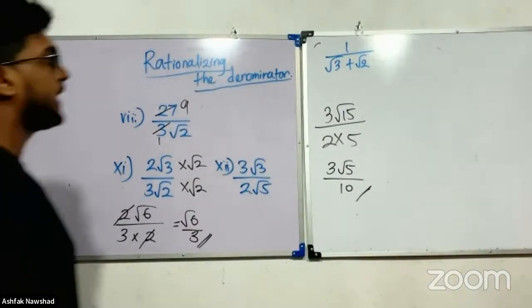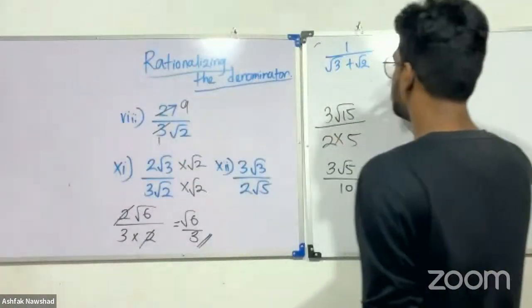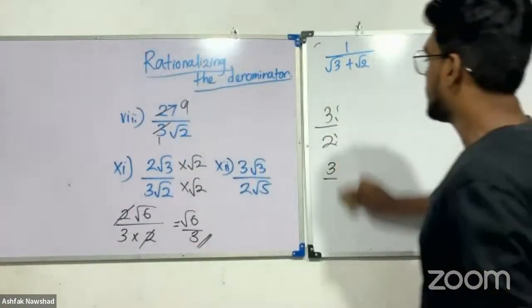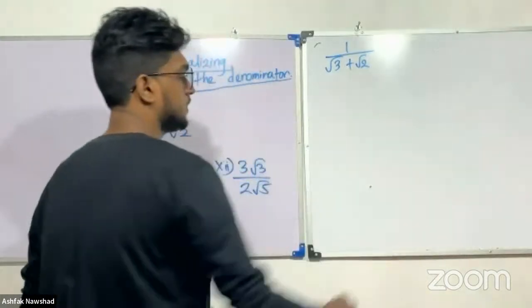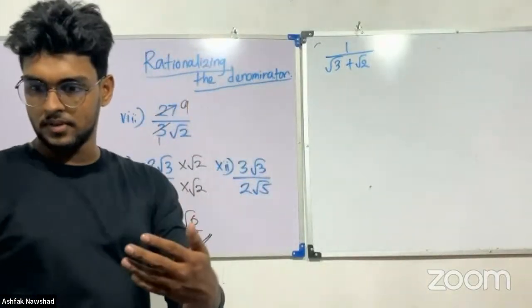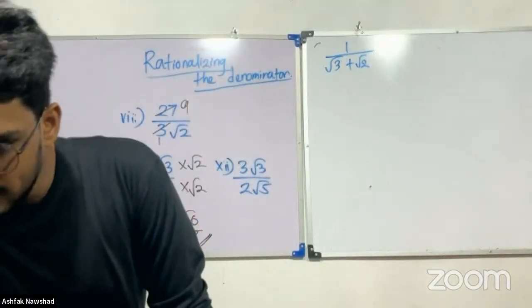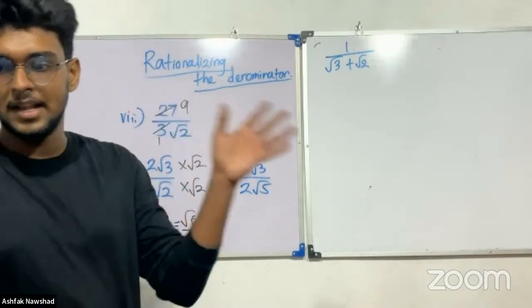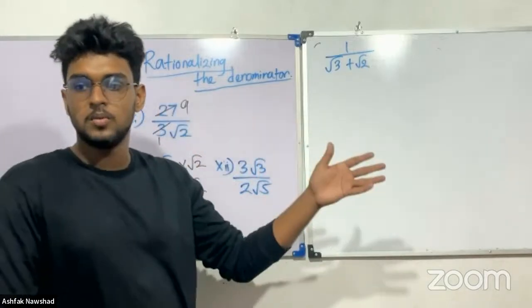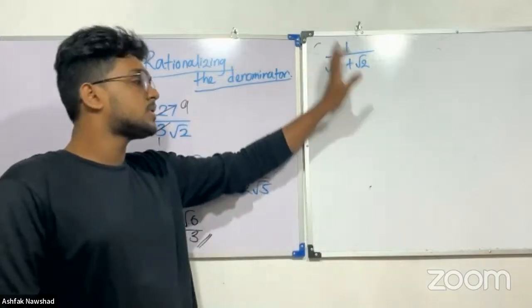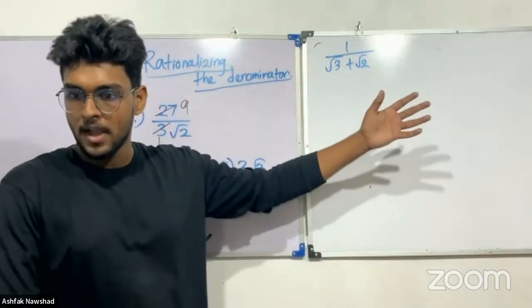So I'm getting answers like root 3 or root 6. But the truth is, you can try this at home. We have around 10 minutes more, so I'm going to tell you what to multiply with. It's not just root 6 or root 3, right?